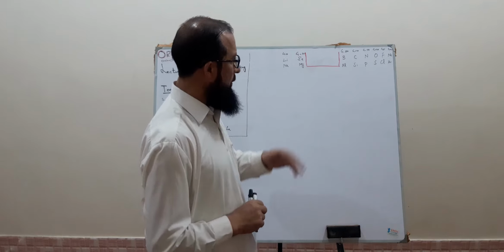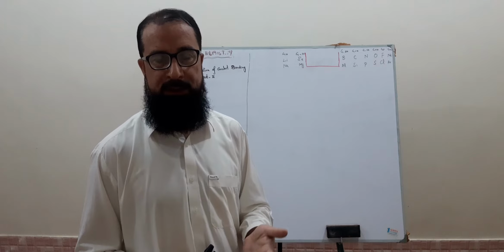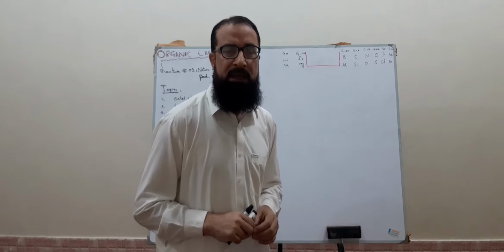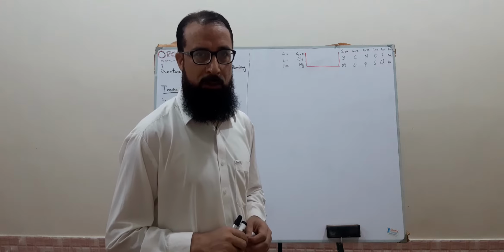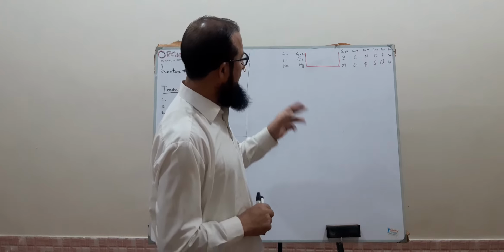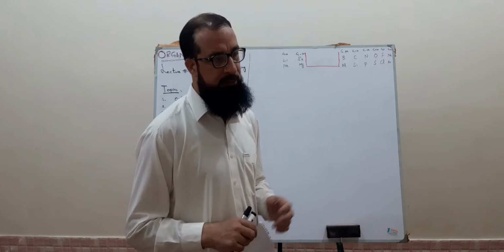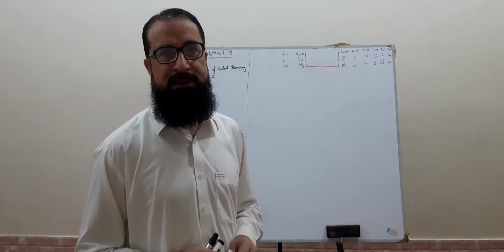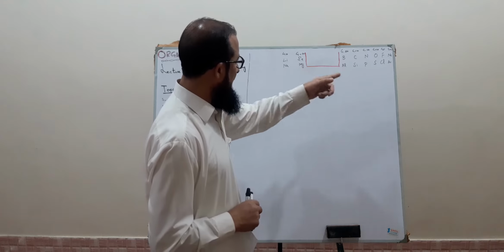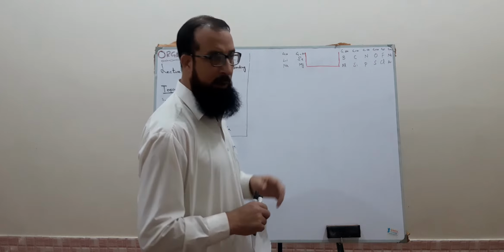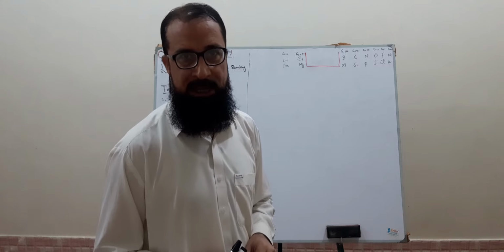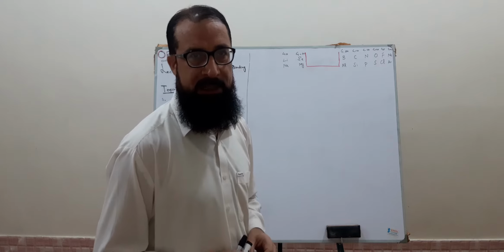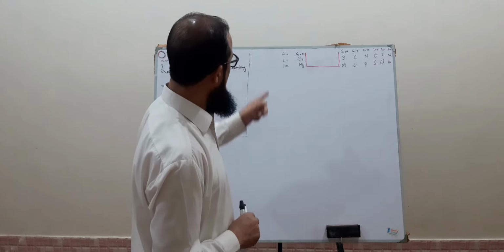In groups we have two kinds: one we call A groups, and the other B groups. Our concern is the A groups, which we also call normal groups. There are 8 normal groups. We are not discussing the transition elements, the d-block elements and the f-block elements.